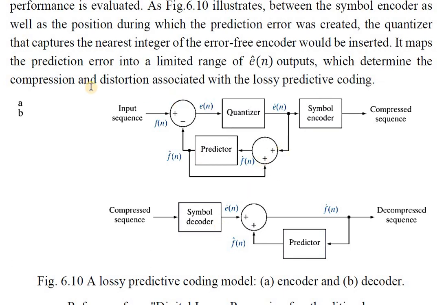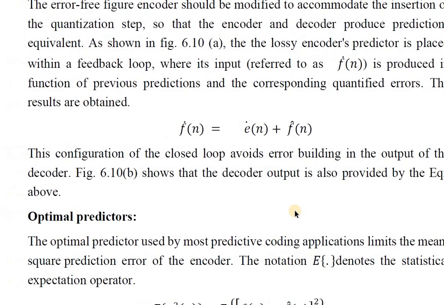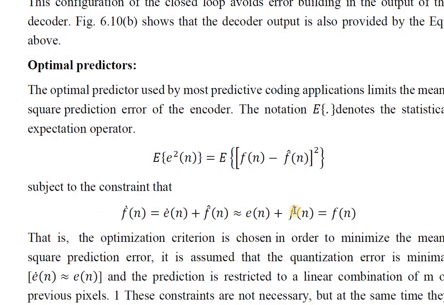Only the change is in the compression part. What element has been added in the compression part? The quantizer is added. So whatever En values are generated, they are quantized. And then they are going to the symbol encoder. Okay. The predictor process is the same. The formulas are also the same.